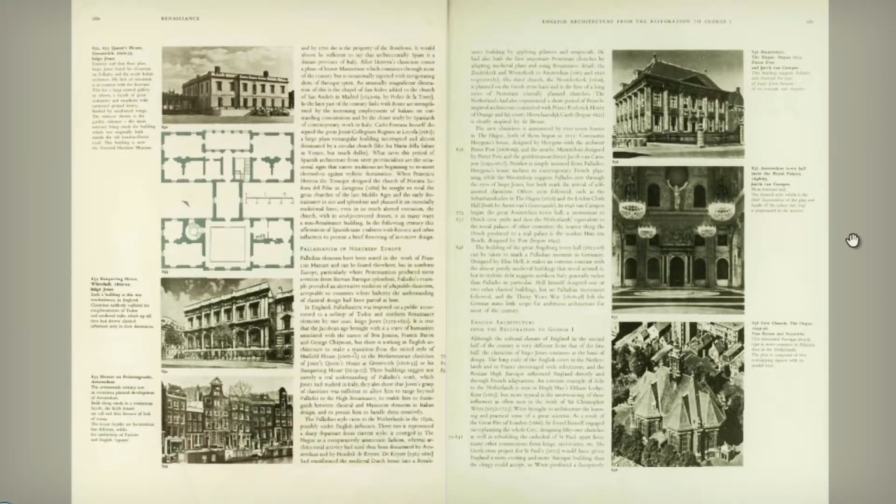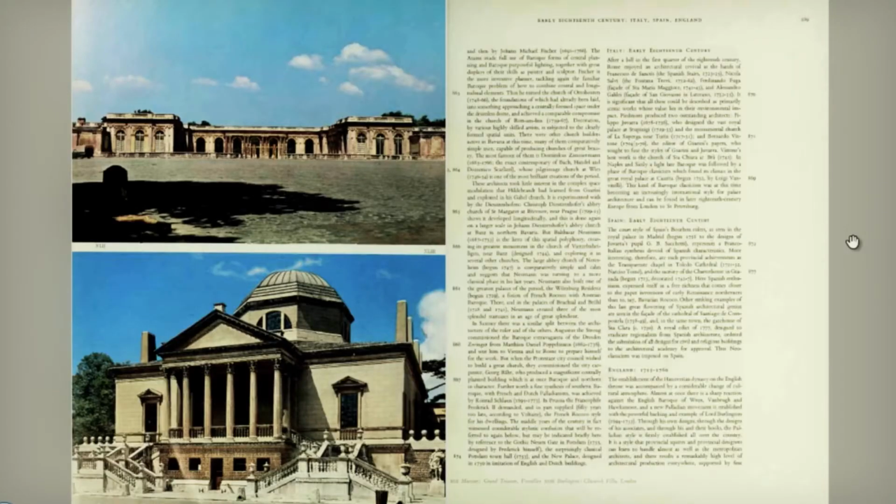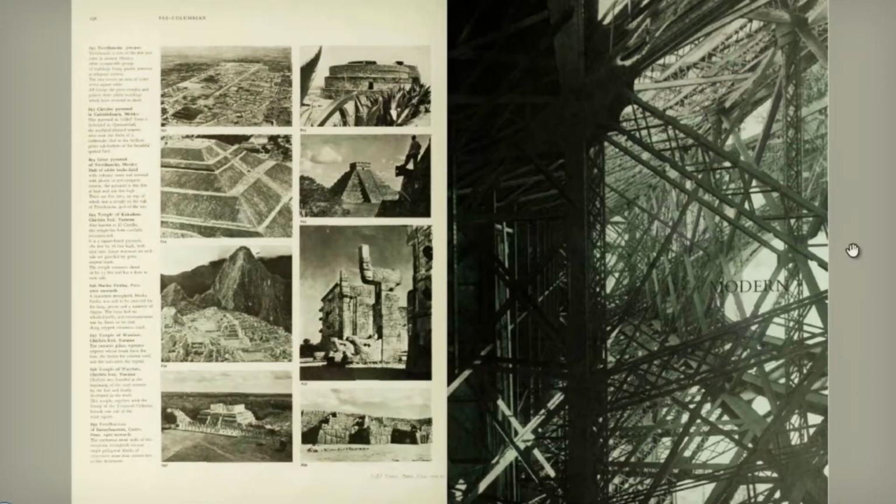And then, see, the Netherlands in the 17th century. And then the early 18th century. So this is like all before the modern architecture movement.